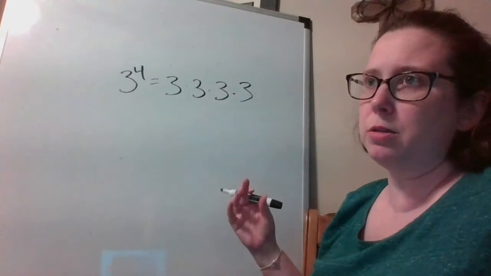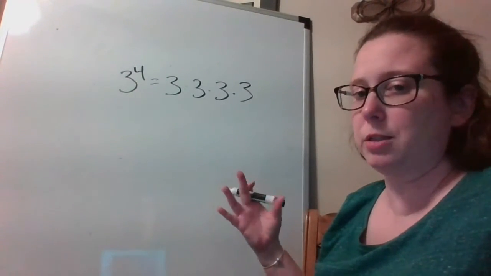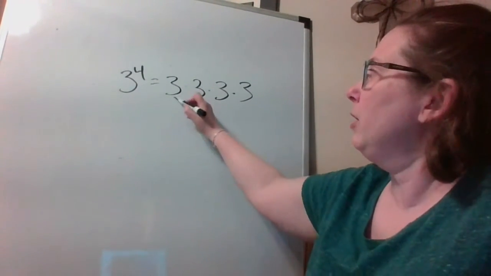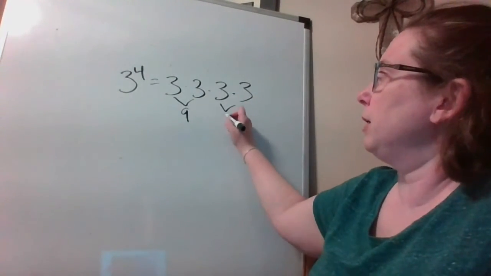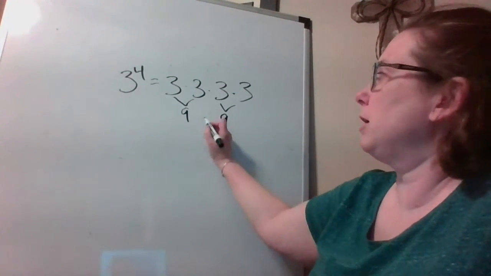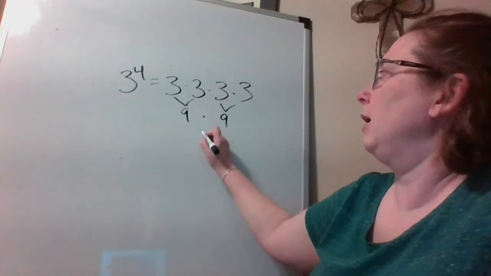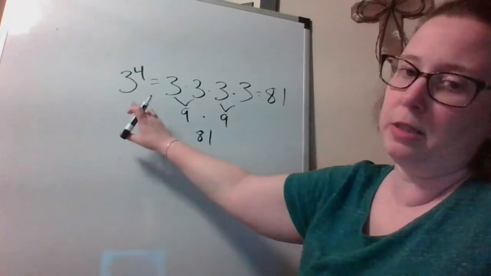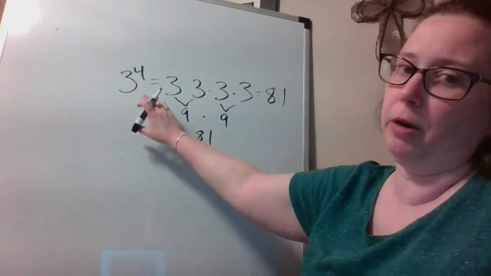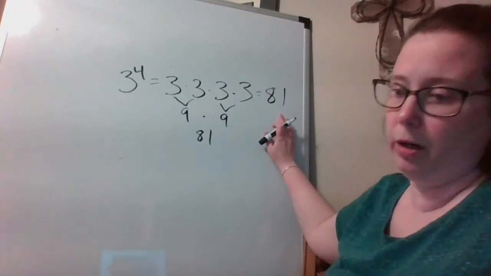I like to do these almost like a factor tree. It's like the reverse of a factor tree. So here we're saying 3 times 3 is 9. Here we also have 3 times 3, which is 9, and then we need to multiply. 9 times 9 is 81. So we can say that our simplified version of 3 to the power of 4 is 81.